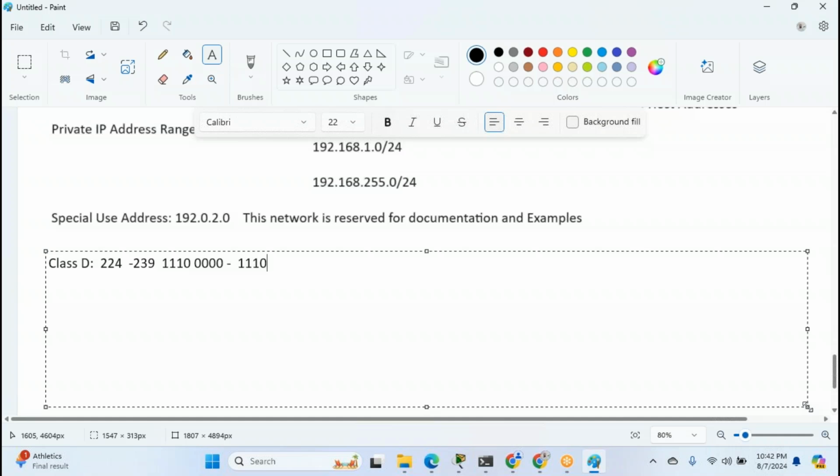If the first 4 bits are 1110 and the remaining bits are 1, this one is 239. So if the first octet value is from 224 to 239, that address belongs to class D, which is used for multicast.